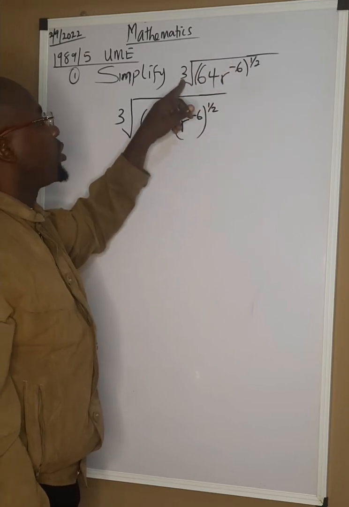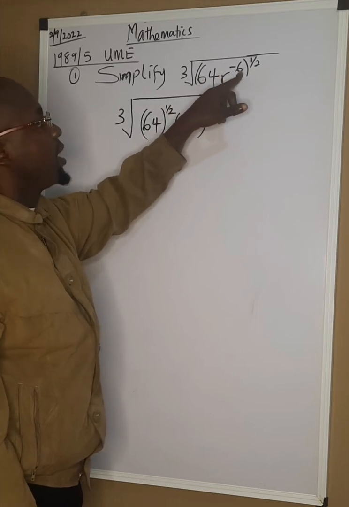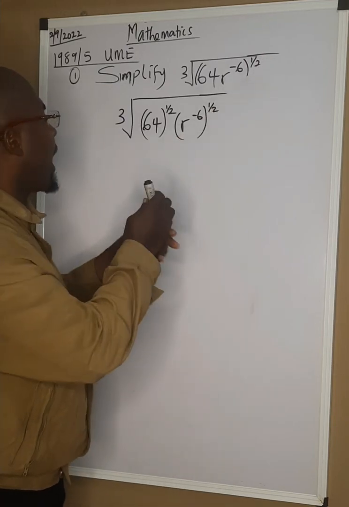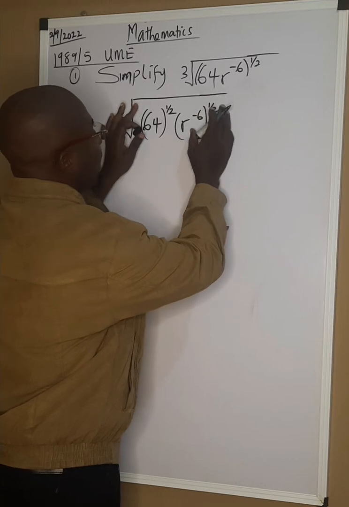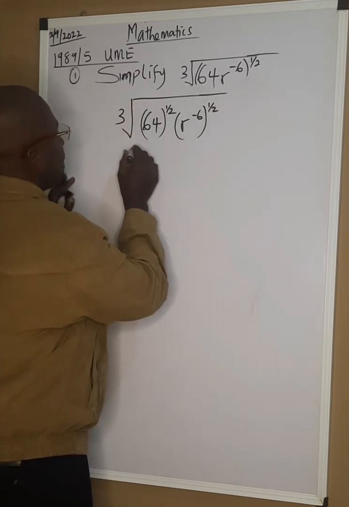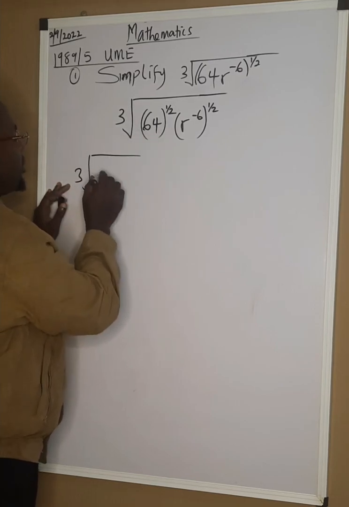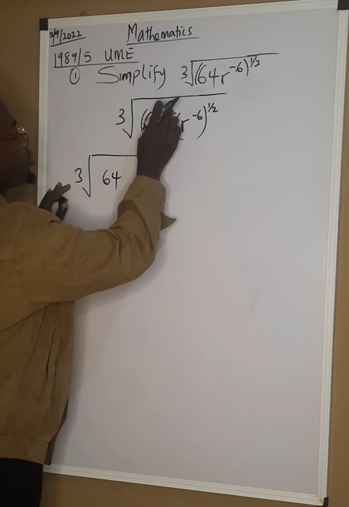And this cube root of 3 is affecting 64, r^6, and the power 1 over 2, which is half. So I have to solve for these values inside this bracket. So I will have the cube root of 64 raised to power 1 over 2.